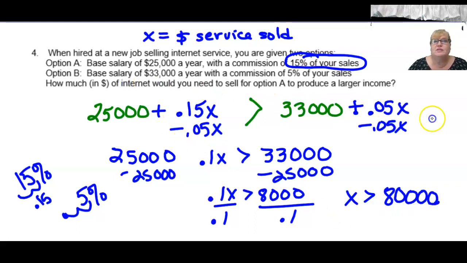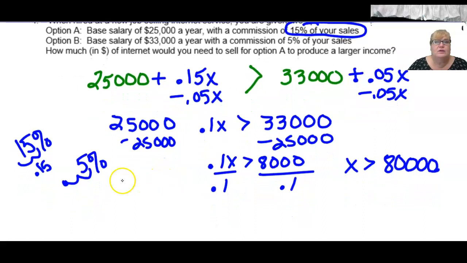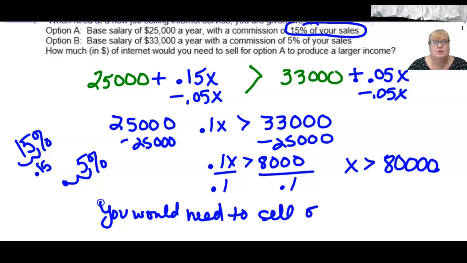So how much internet would you need to sell for option A? Need to sell over, oh, we can't write. $80,000 in internet service.